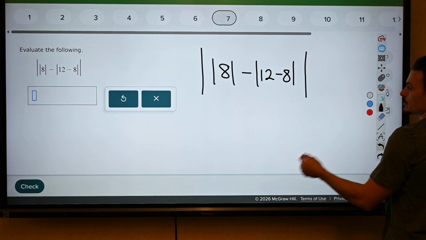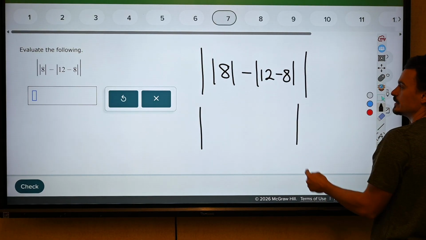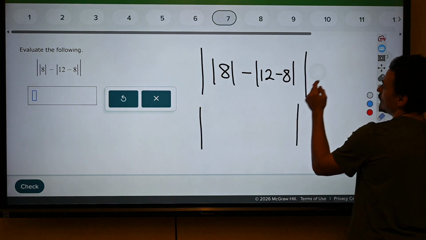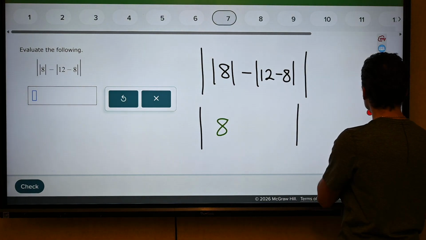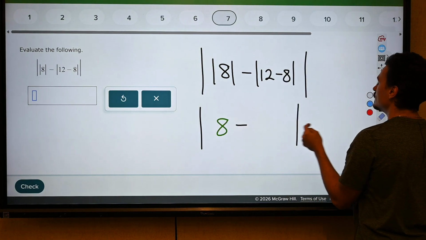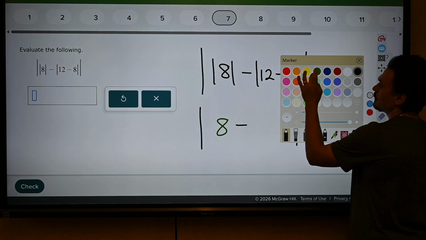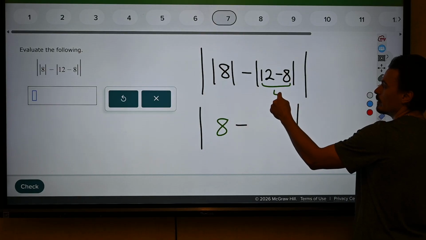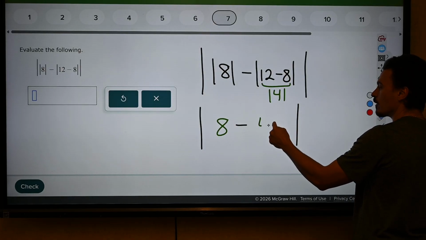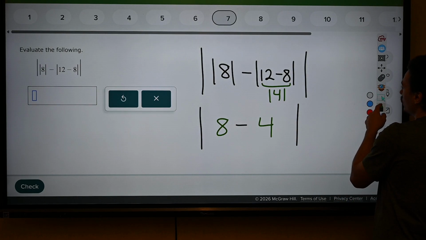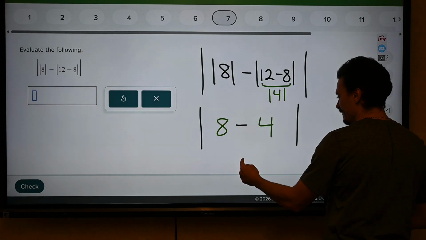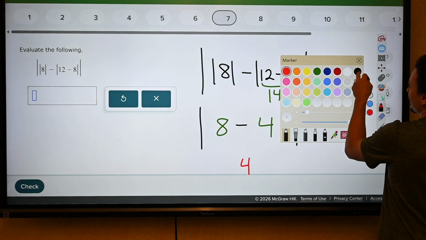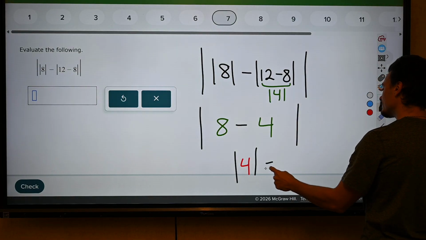We're going to keep those outer edges. The absolute value of 8 is 8, minus the absolute value of 12 minus 8. 12 minus 8 is 4. The absolute value of 4 is 4. 8 minus 4 is 4. And the absolute value of that is 4.